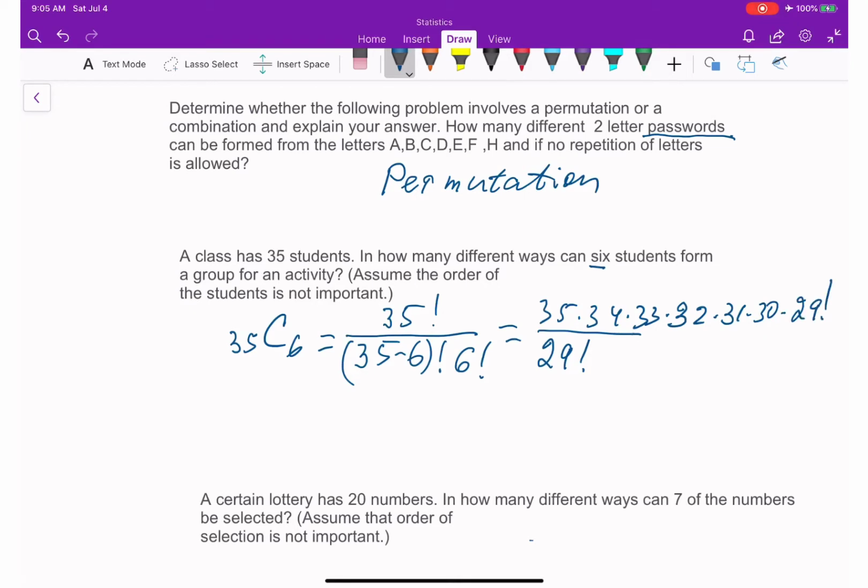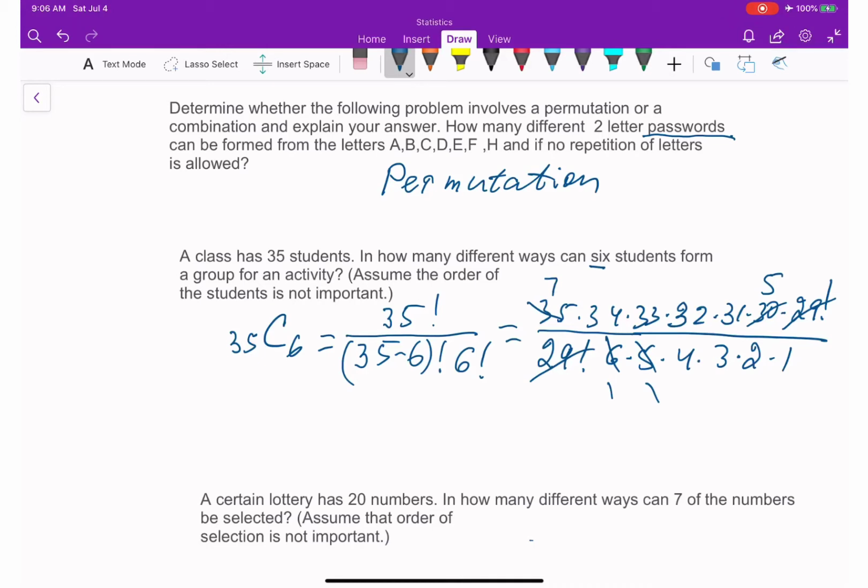I made it. Okay, and let's open 6. It's going to be 6 times 5 times 4 times 3 times 2 times 1. So 29 is gone with 29. Next, what do we have? 6 I can cancel with 30, 6 will be gone. 30 divided by 6 is 5. 5 I can cancel with 35. Here will be 1. Here will be 7.